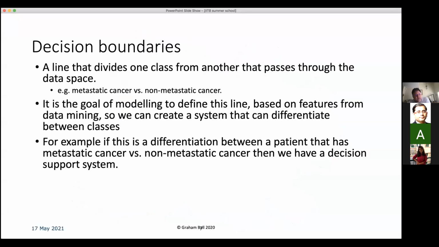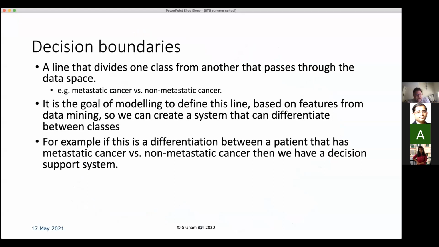What we want to do with our decision boundary is find a rule or a line that cuts through that data, allowing us to make decisions. So for example, it could be looking through the whole proteome or the whole transcriptome, all of the molecular data for a set of individuals in a population, to try and work out whether, if they have a cancer, it's metastatic or not metastatic.